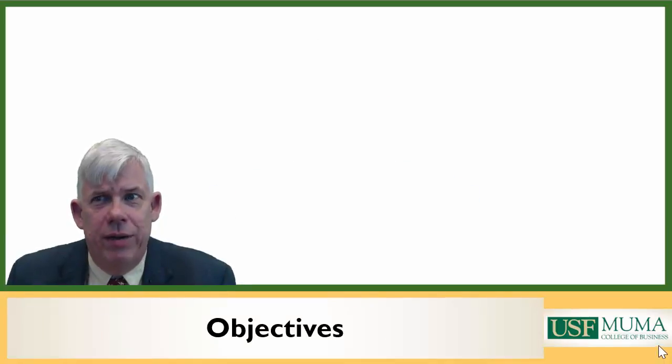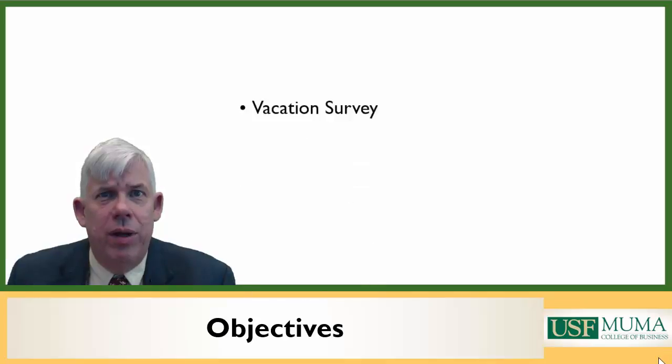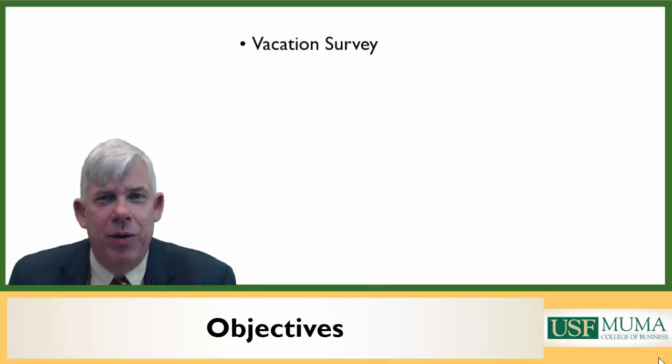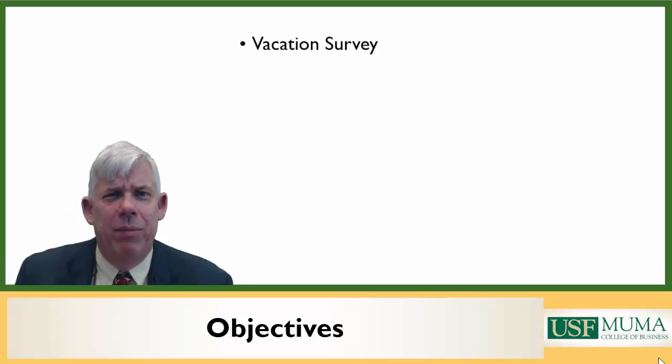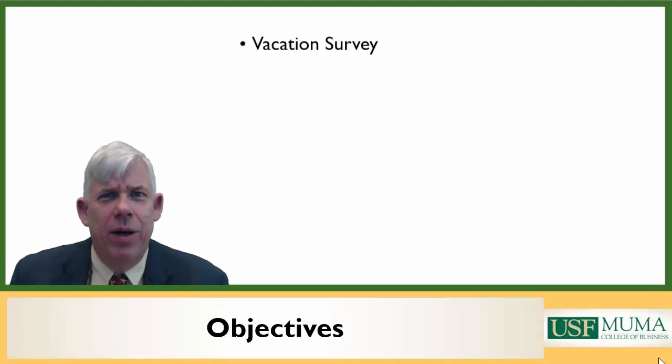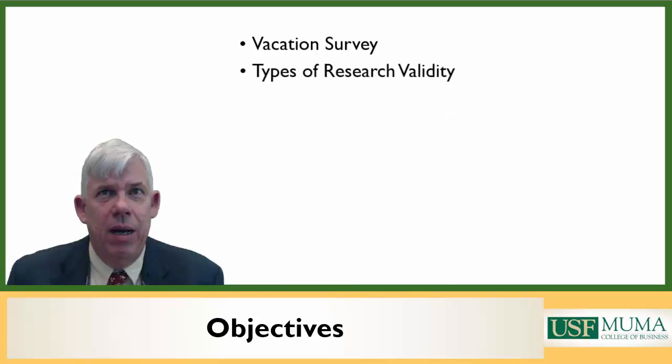So what are the overall objectives of this lecture? Well, to start with, we're going to have you do a survey on vacations. And unlike our other surveys, there's not going to be anything like a dependent variable in this particular survey. Rather, we'll be asking you about the likelihood that you'll do a whole bunch of different activities on a particular vacation.